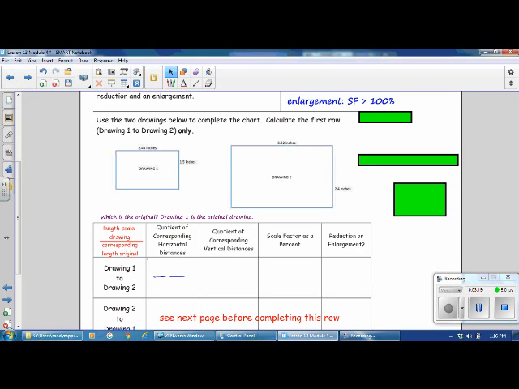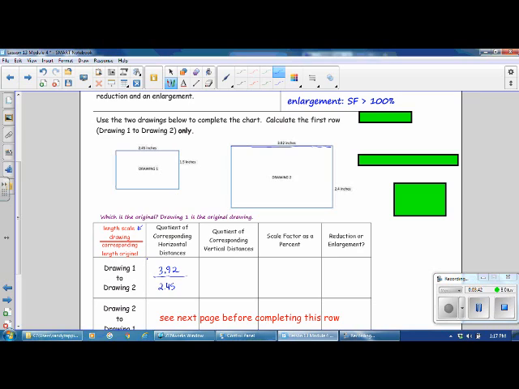So the horizontal distance of the original is 2.45, and then the numerator is the length on the scale drawing, and that is 3.92. Okay, so that's written as a quotient.